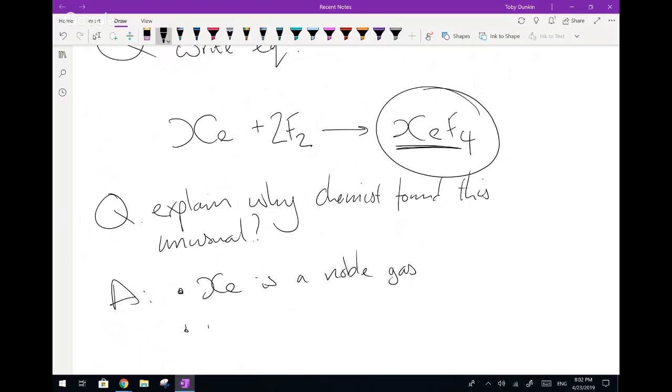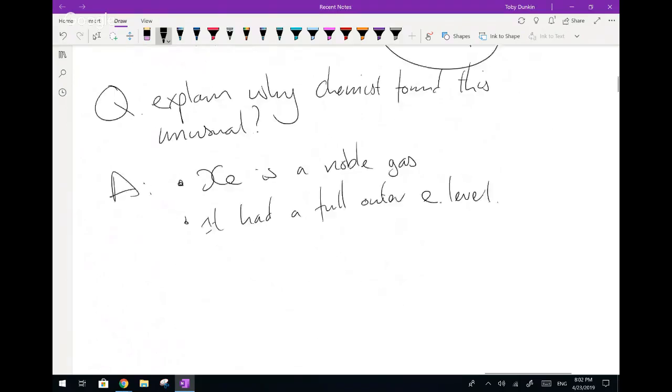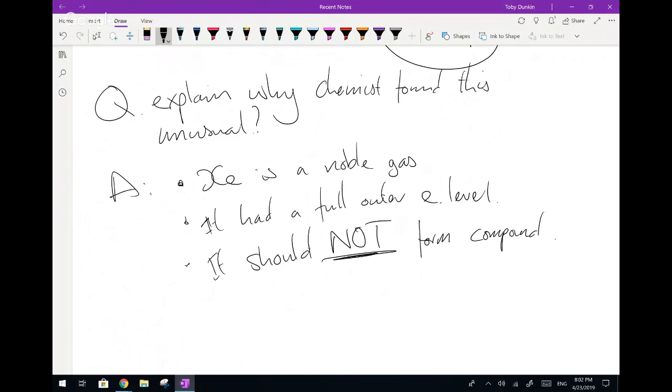Second bullet point, it had a full outer energy level. It should not form compounds. You're done. It shouldn't react with fluorine.